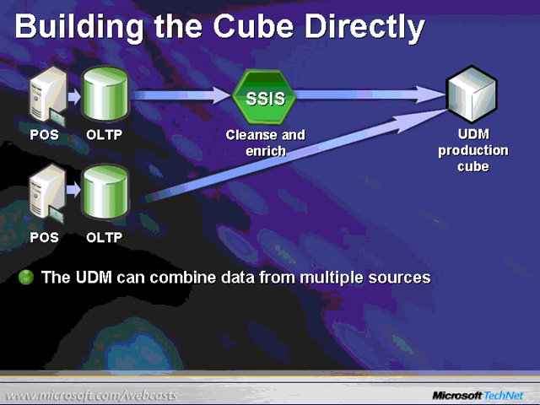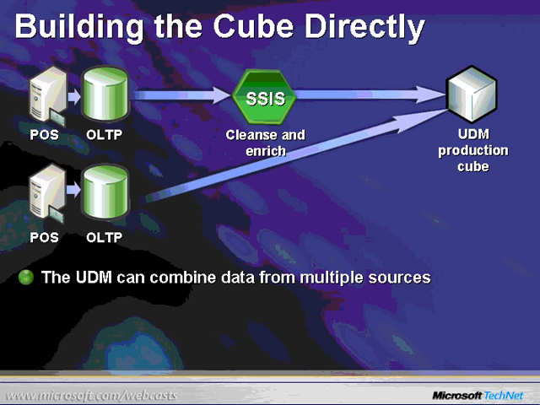But on the plus side, even though you have to use SQL Server for this architecture, none of the actual data we're loading into the UDM has to reside in a SQL Server source database. Your source databases could be DB2, Teradata, and Oracle, and as long as you're using SQL Server in the architecture somewhere, you can still build the cube and source it directly from those relational databases.